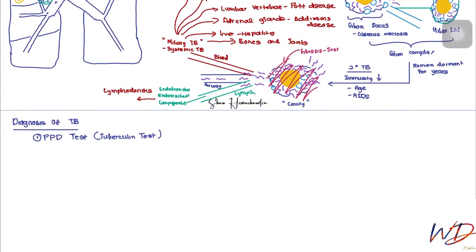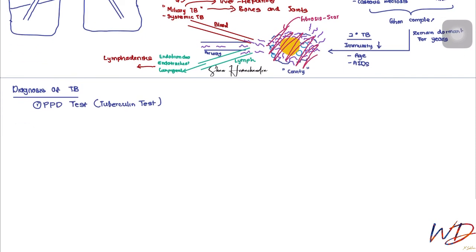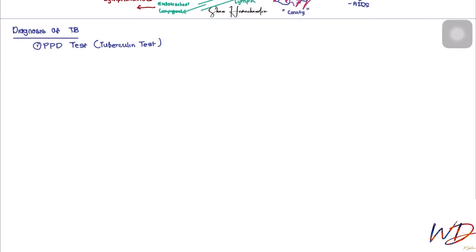Next, we will talk about the diagnosis of TB. So the first thing we do with suspected TB patients is a PPD test. These patients will come with symptoms of, let me write the symptoms: fever, night sweats, weight loss, and hemoptysis.